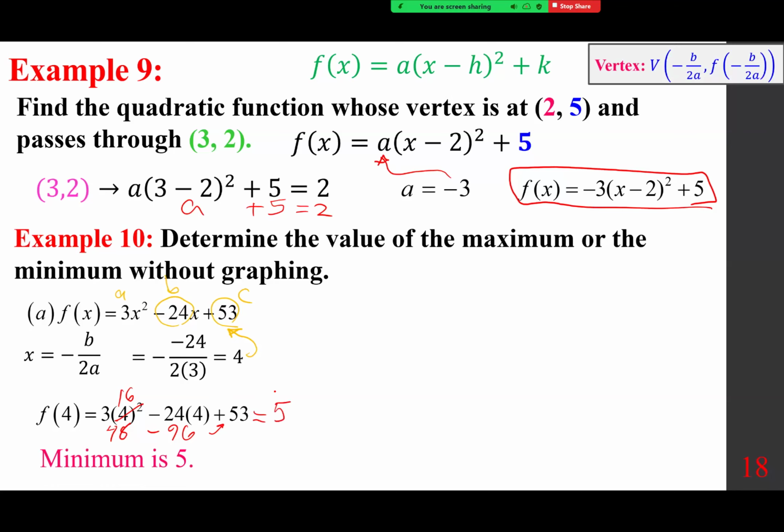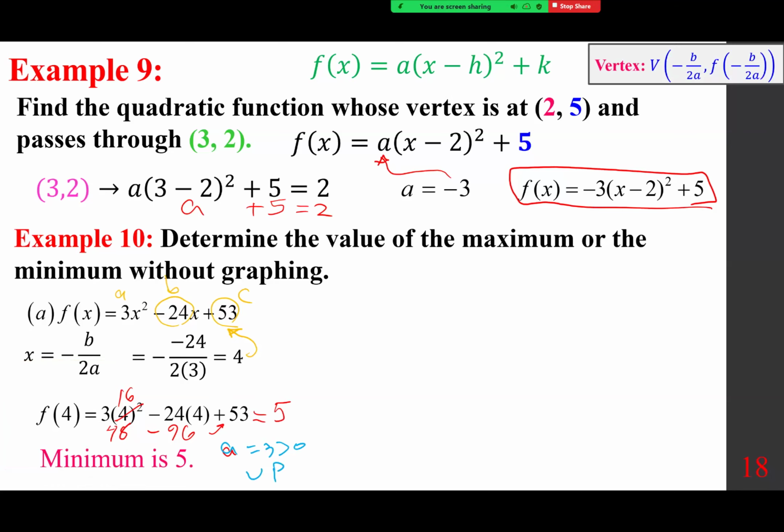The reason it's minimum is because it opens up.